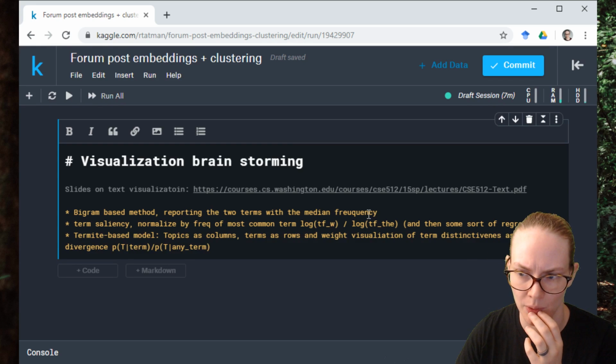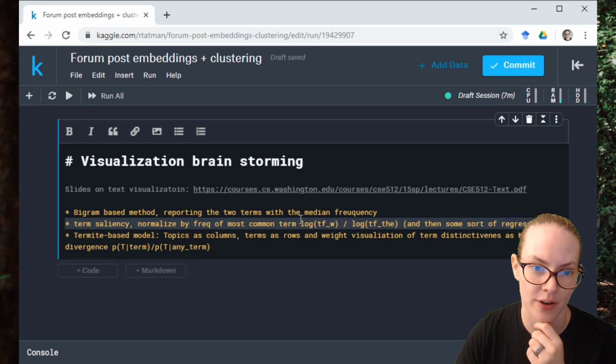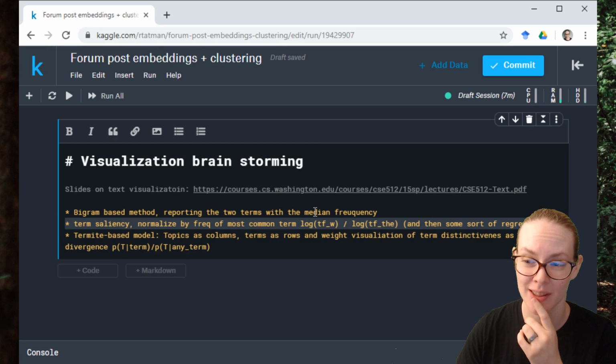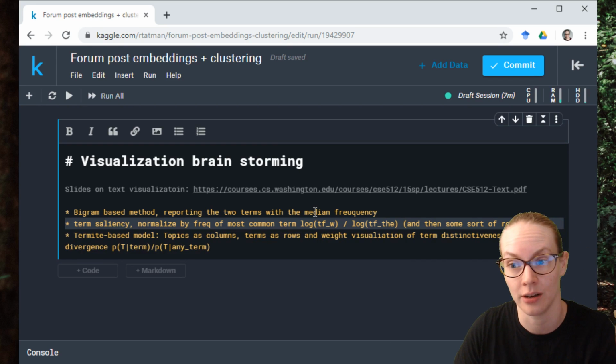And that way, the log frequency, not just the frequency, the log frequency. And then they talked about doing some sort of regression that had really good results, and then said nothing about the regression. And I found no information about it in the paper that they cited either. So I think it was the person who put together the slides talking about their own work in a way that was not super helpful.